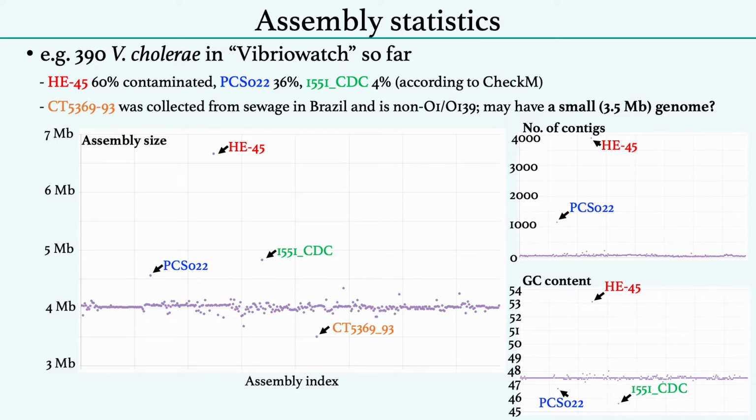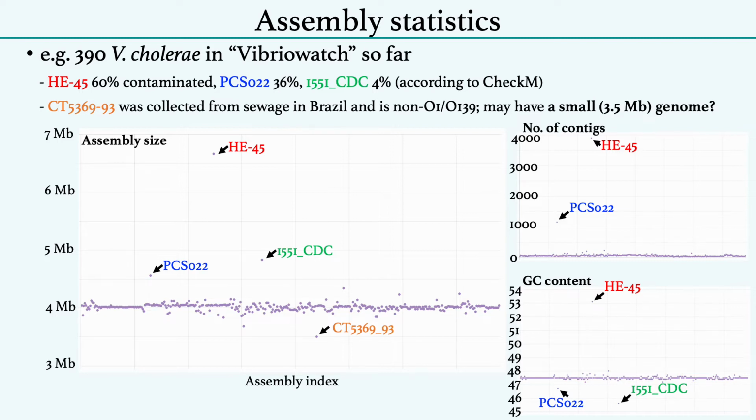Contamination also seems to explain the strange assembly size of PCS022 and 1551CDC. However, the fourth genome, CT536993, has a very small genome size of 3.5 megabase, but does not have an unusual number of contigs or GC content.